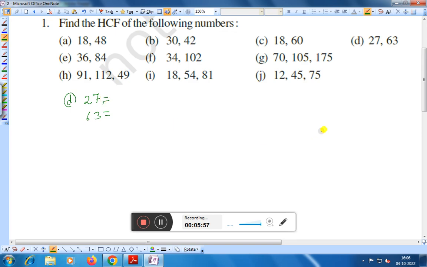Now, we will find the factors by the prime factorization method, that is 27 by 3 is 9, and 9 by 3 is 3. Then you can write 3 into 3 into 3.